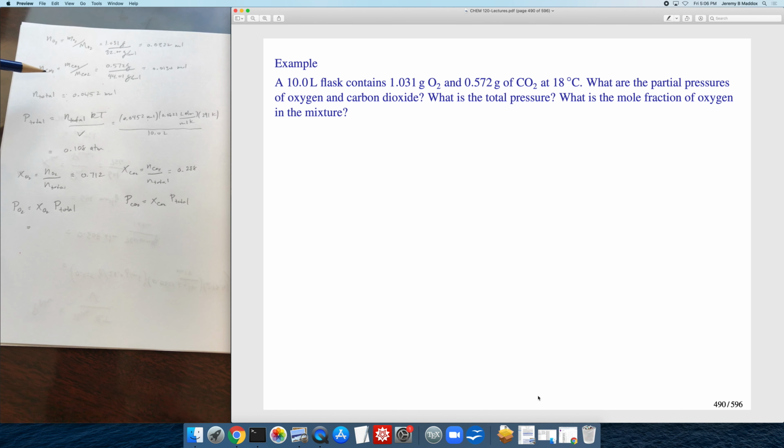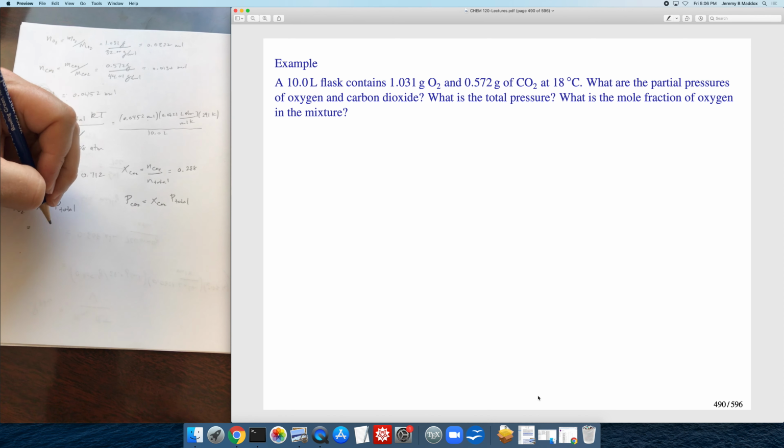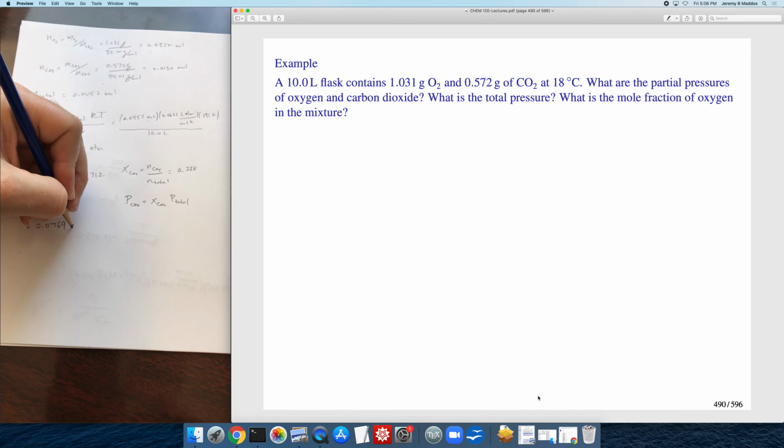So I'm going to take the total pressure, 0.108, multiply it by 0.712, which gives 0.0769 atm.